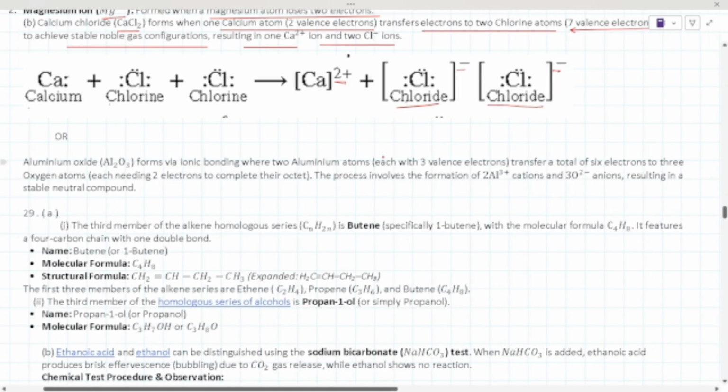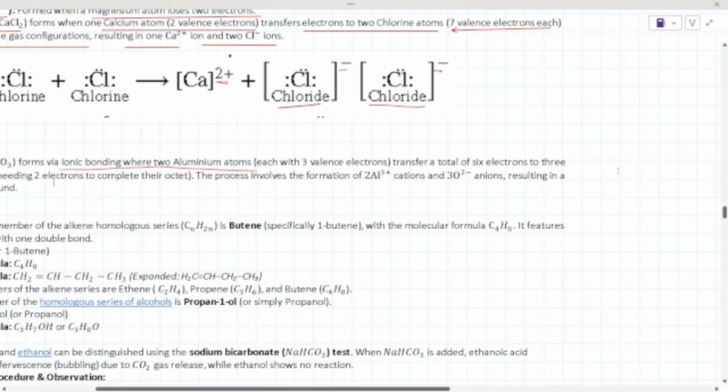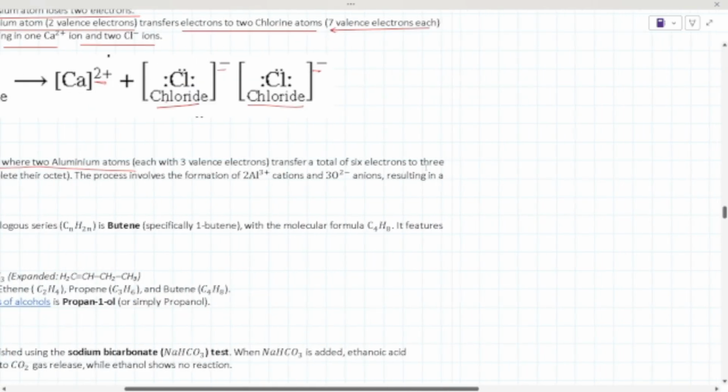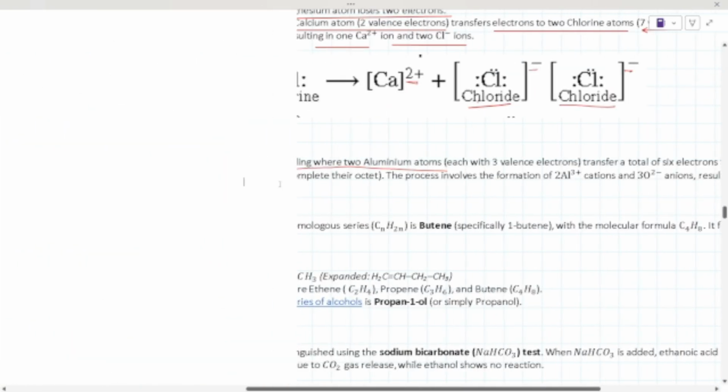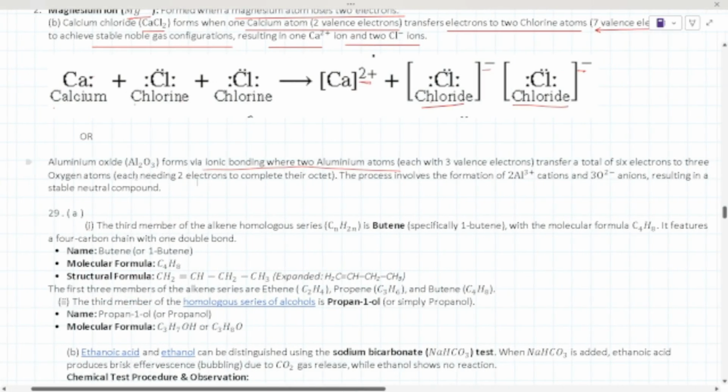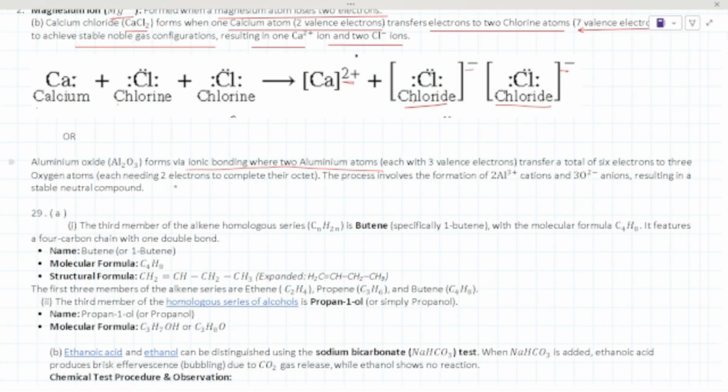Aluminum oxide Al2O3 forms by ionic bond where two aluminum atoms transfer a total of six valence electrons to three oxygen atoms, two electrons each, to complete their octet.